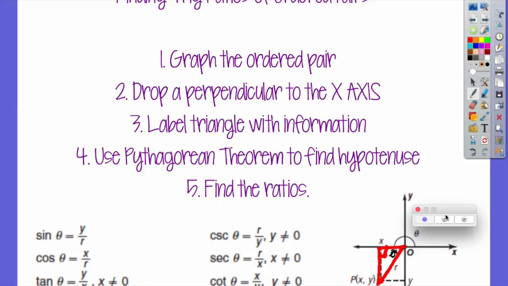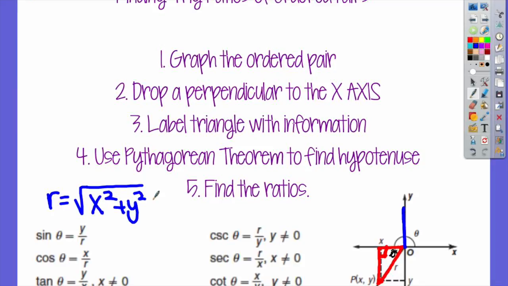this is actually going to be very helpful. If you have an angle that lies on the axes, you really can't create a triangle with a vertical line or horizontal line. So this is where this comes in handy. What's r? Well, r is nothing but the square root of x squared plus y squared, aka that Pythagorean theorem.